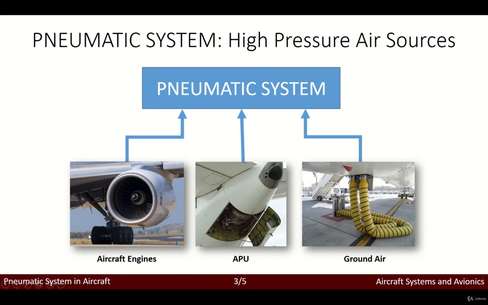We simply take some of the air which is moving through the engine and take it inside of the aircraft. This is what is known as bleed air, air that has bled from the engine into the aircraft.